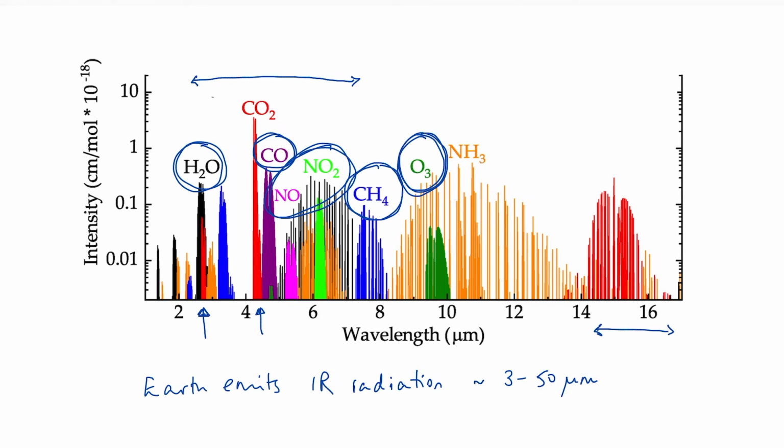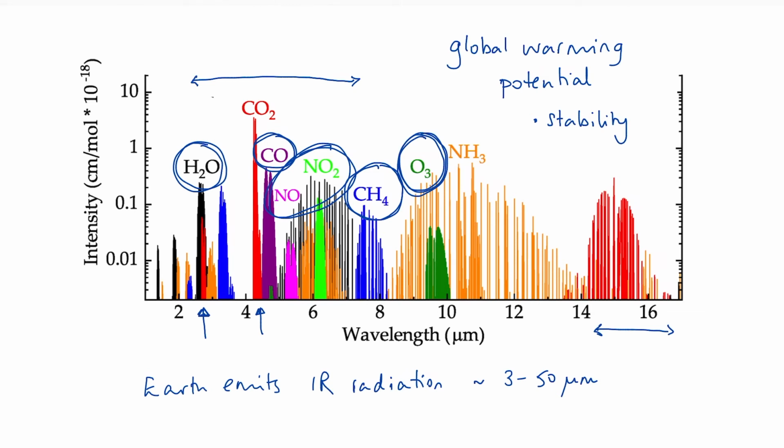Now, we often talk about the global warming potential of a gas in the atmosphere, because a gas's particular effect on global warming is not just about which specific wavelengths or frequencies of radiation it absorbs. It's also about the gas's stability, i.e. how long does it last in the atmosphere.